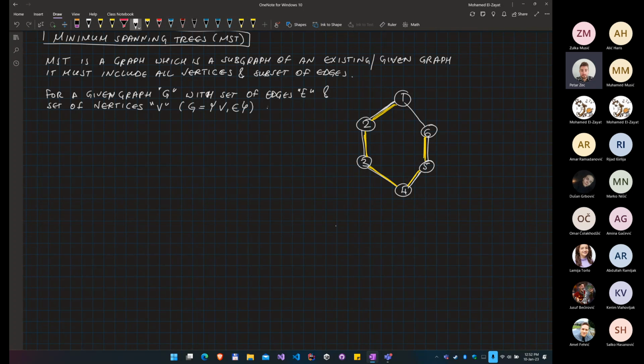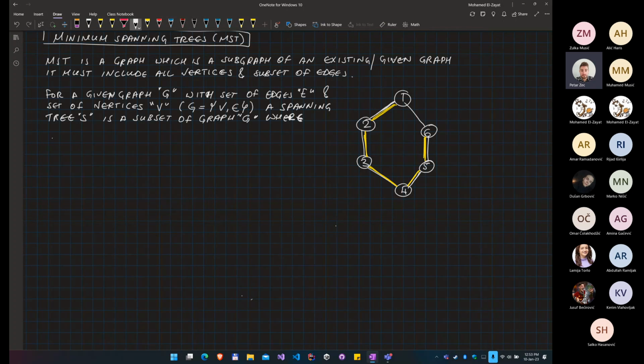A spanning tree S is a subset of graph G, where V dash, the set of vertices belonging to the tree S, is equal to V, and the number of edges E is equal to V minus 1.